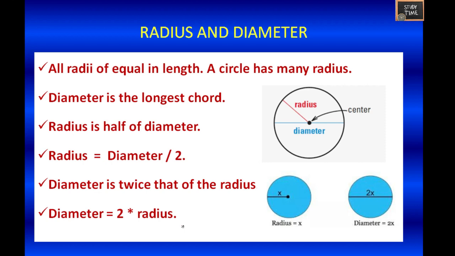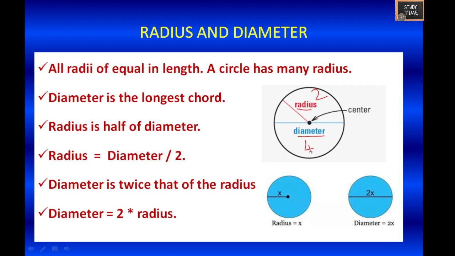See, this is radius, this is diameter. Suppose radius is 2, diameter is 4. Radius is half of diameter. Diameter is twice that of radius. Same way, 2 into radius is equal to diameter. This is the relationship between diameter and radius.